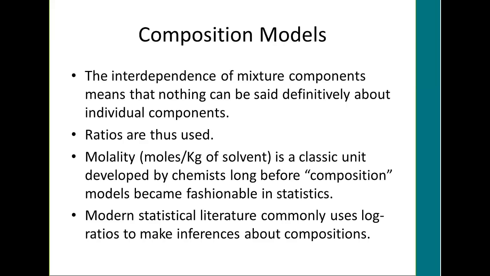So we here in the chemical sciences are ahead of the mathematics communities in some cases. However, if you look at the modern statistical literature, they tend to use log ratios, and I will send you to that book by Aitchison to explain why. There are some good reasons for it if you're doing some types of statistical inference.